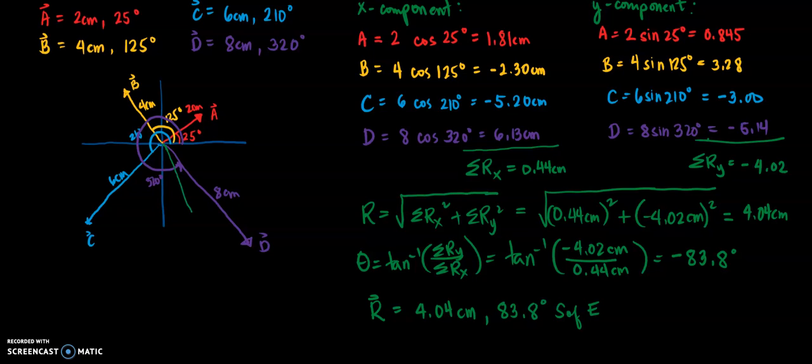This is our R. Then the 83.8 degrees is below the positive x-axis. So from here up to here, that is the 83.8 degrees. This is our resultant vector.